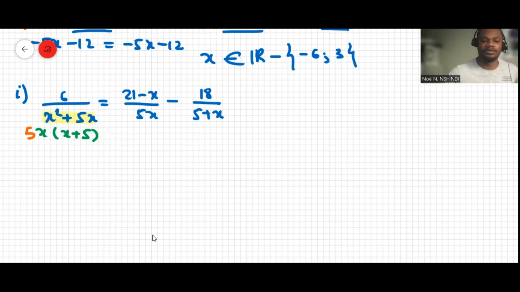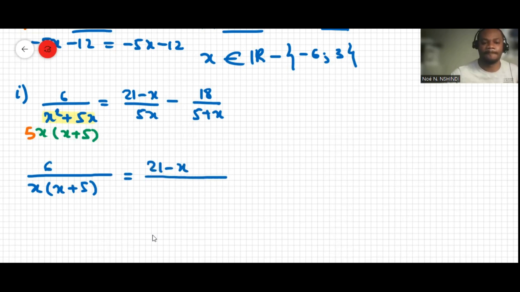Now, the expression which was (x + 5) under 6, okay, equal to (21 - x) under 5x minus 18 under (5 + x) can be written now like this.